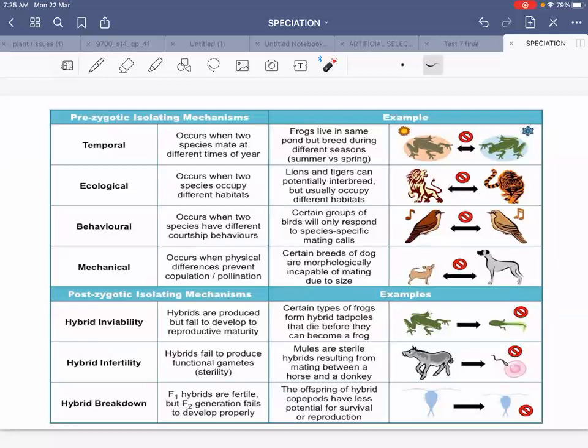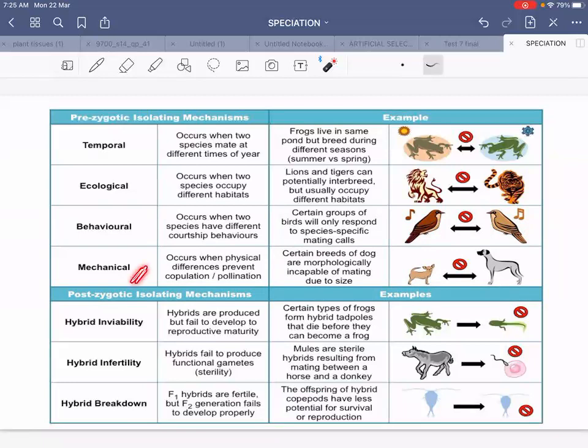So that's why, as it is written over here, certain groups of birds will only respond to specific mating calls. And let's say if the mating call for this bird is not attracting this bird, right? So then this means these two birds will not mate with each other.